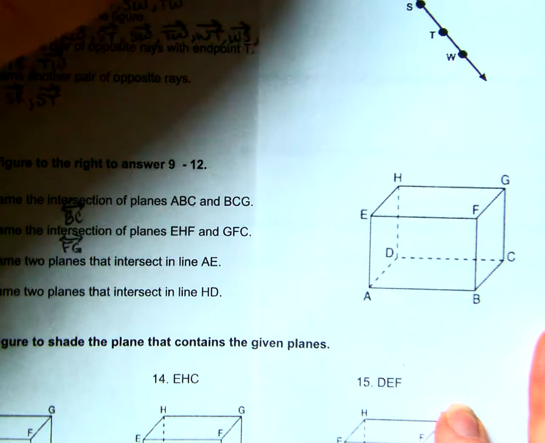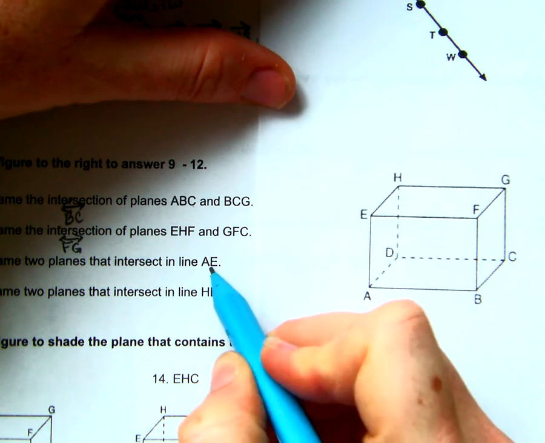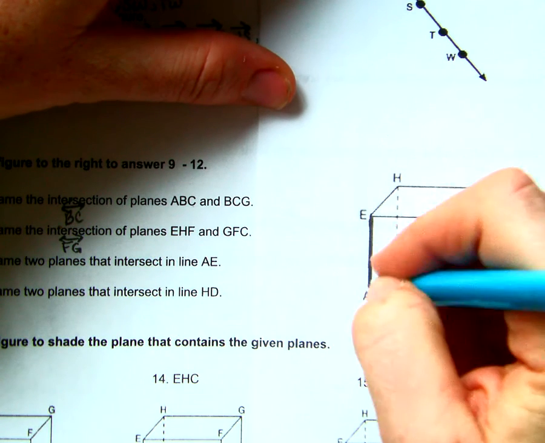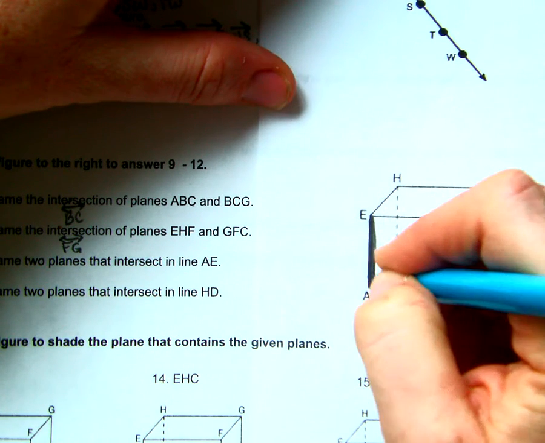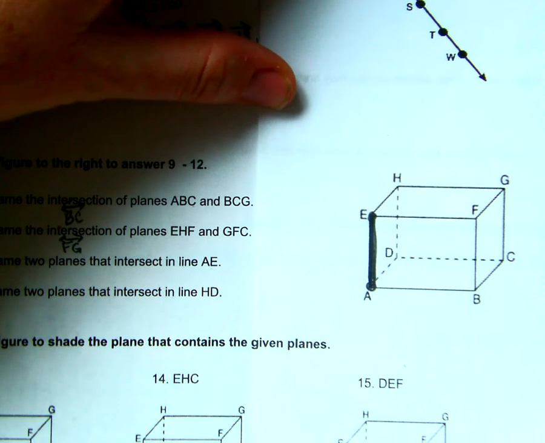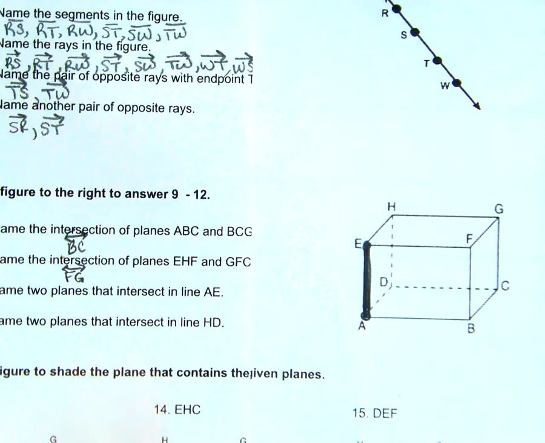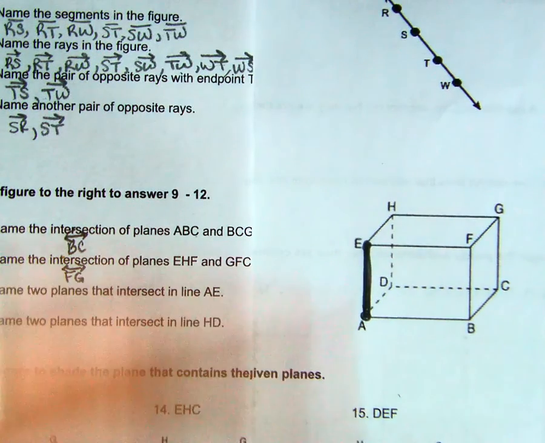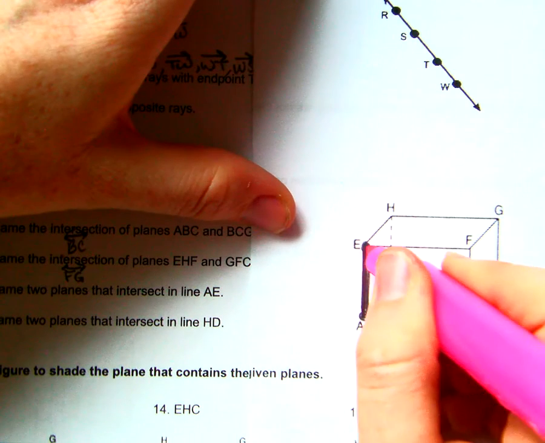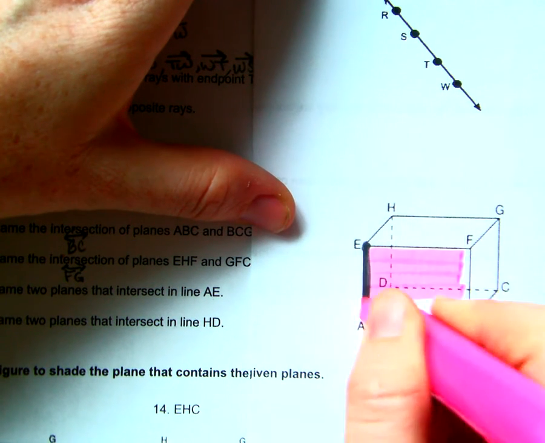Okay, so here's what I'm looking for. AE is right here, right? So I need a plane where this line is included in it. So that is definitely the front, right? If I were to shade from that line, you could see that I would be shading the front of this box.